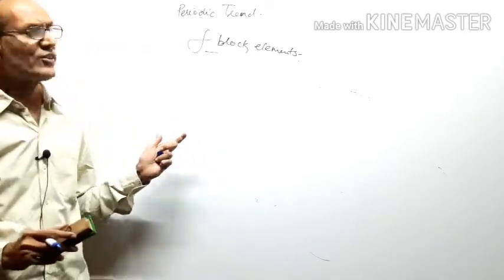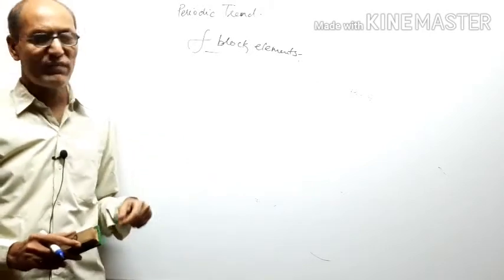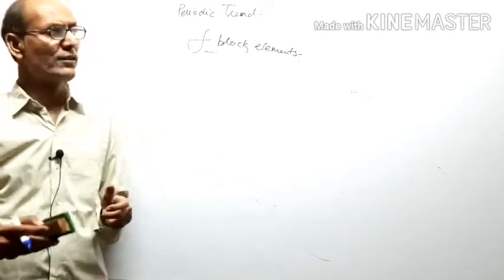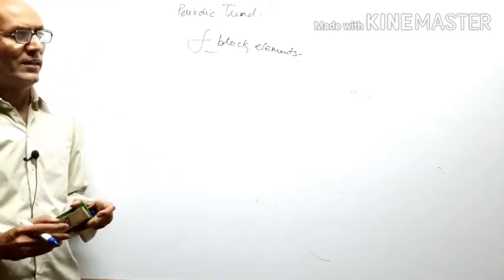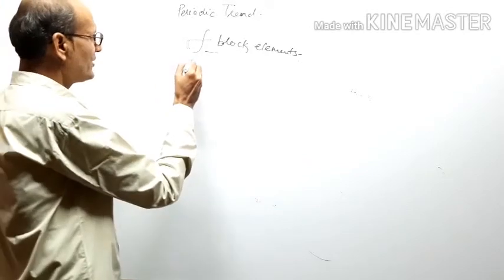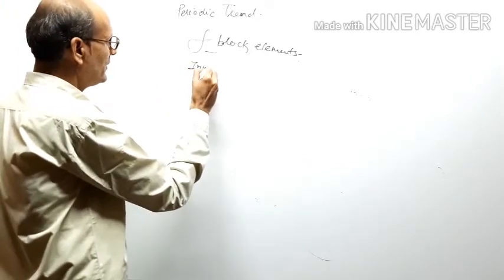While in case of the F block elements, when the differentiating electron enters the F subshell, they are called F block elements. The other name of F block elements is inner transition elements.